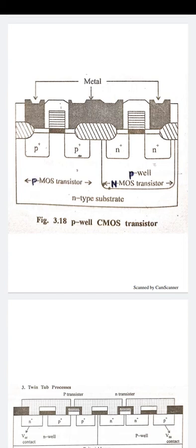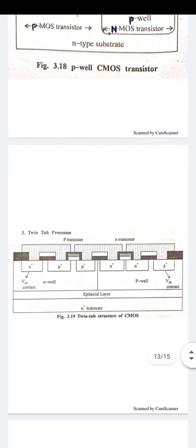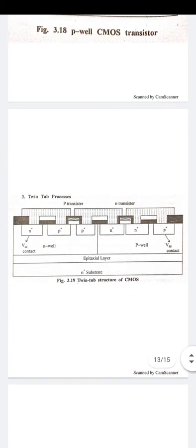Next I will discuss the twin tub process. In the twin tub process technology we use separate optimization of the P-type and N-type transistors. This makes it possible for the threshold voltage, body effect and the gain associated with N-type and P-type devices to be independently optimized. For this reason we use the twin tub process.